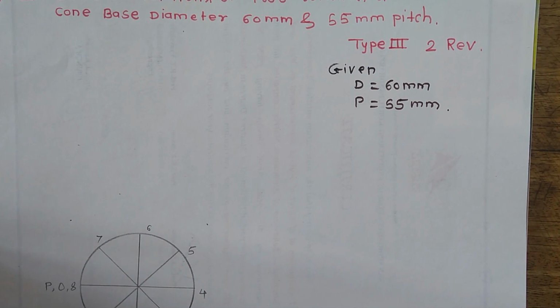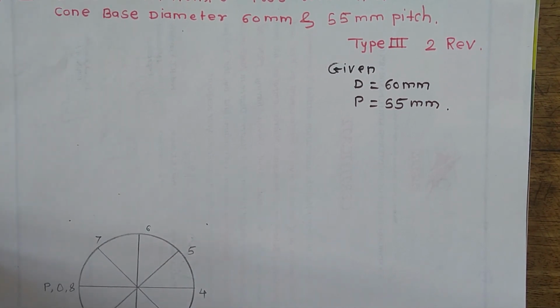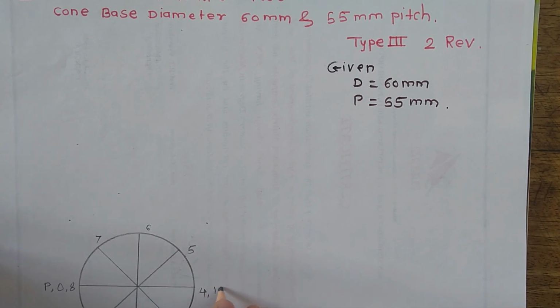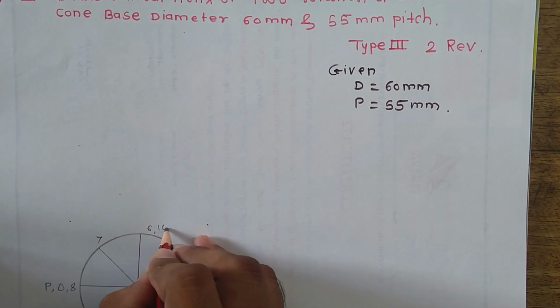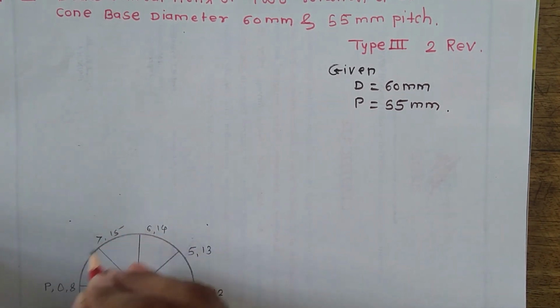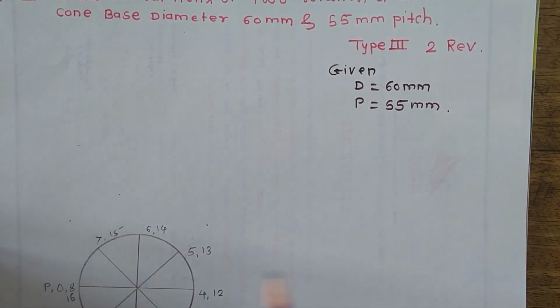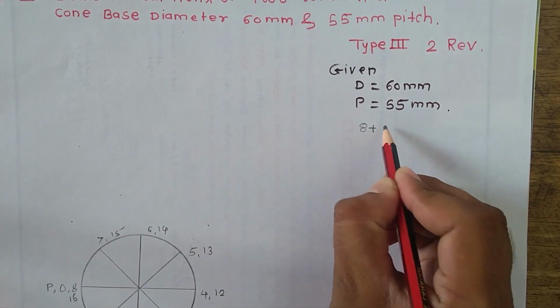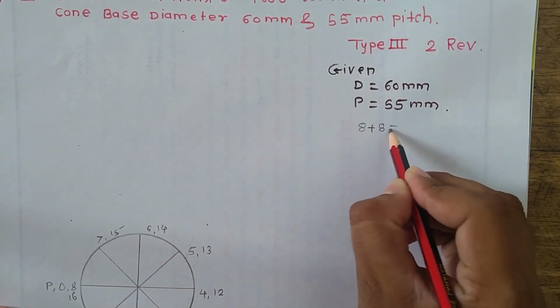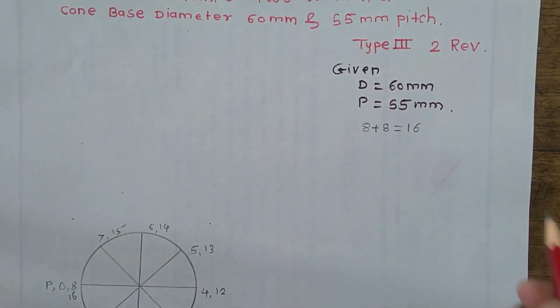Next I will give for the second revolution, that will be 9, 10, 11, 12, 13, 14, 15 and here 16. See, for one revolution we have divided this circle into 8 parts. For the next revolution we have to give another 8, so that will be 16.